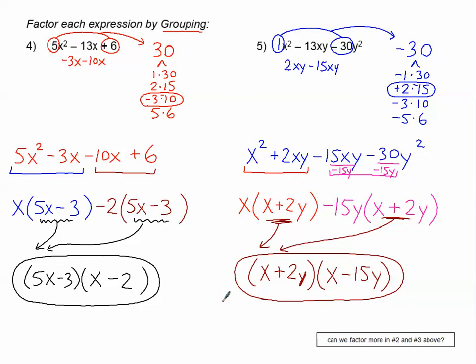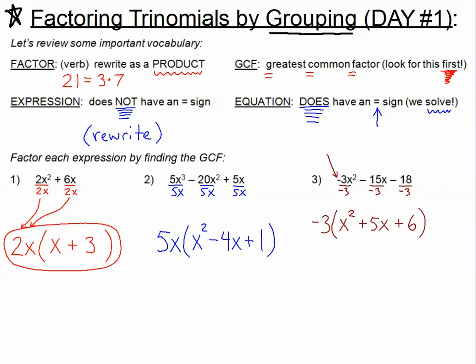Let's go back and look at numbers 2 and 3 above and see if we could actually do more in those problems. I pulled out a GCF in number 2 already, but there's a trinomial that's left. I wonder if I can factor this trinomial. If I can, let's see. If I take the first coefficient, which is 1, and the last coefficient, which is 1, and multiply them together, I get 1.